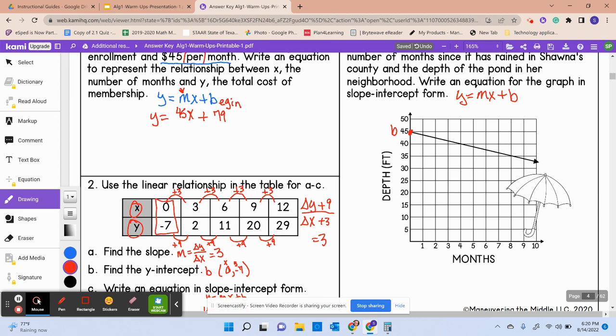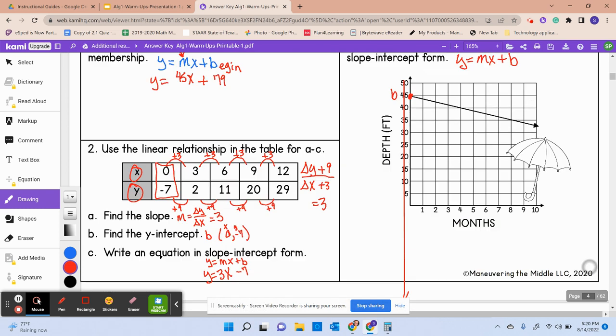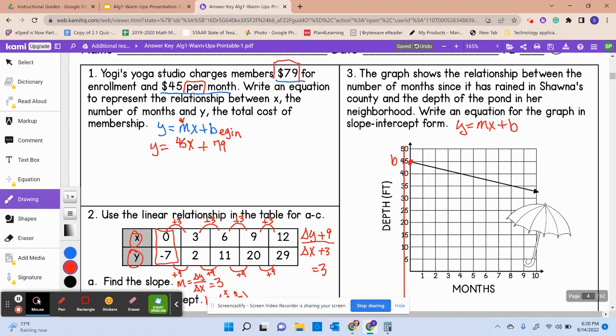So we know that when we begin, the y-intercept is on the y-axis. So here's the y-axis, and it is at plus 45.